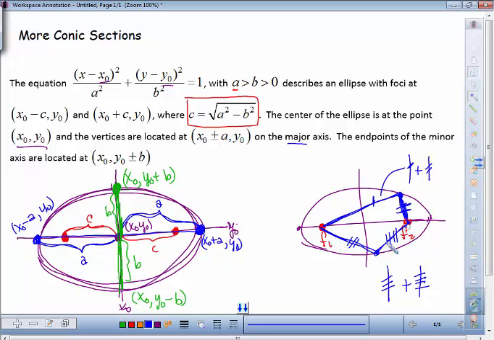It would be the same if you add these two distances. So the distance of these two line segments is the same as the distance of these two line segments. And if I pick any other point on the ellipse, the distance of these two line segments that connect that point to each of the foci will be the same also.